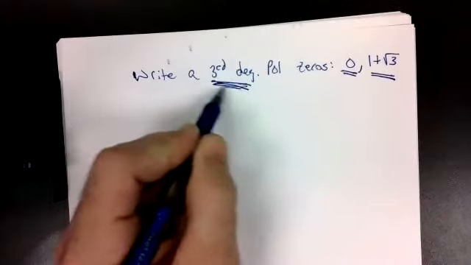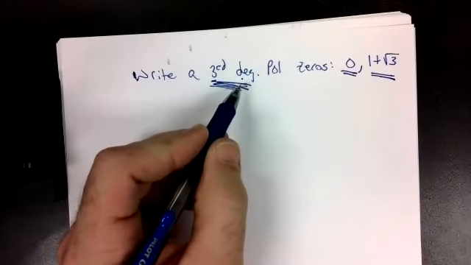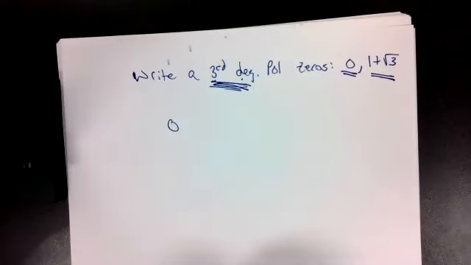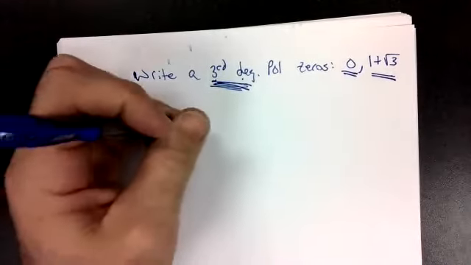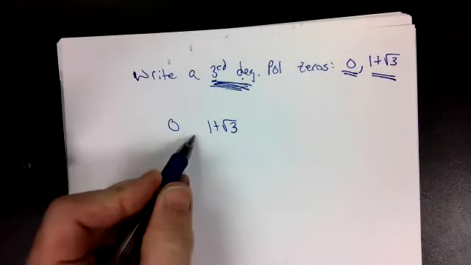Now again, this is going to be a key. If it's a third degree polynomial, there should be 3 zeros. They gave me 1. Okay. They gave me another one. But we're missing our third 0.